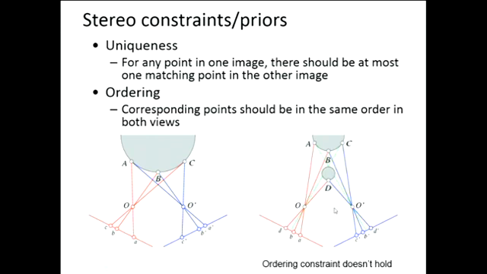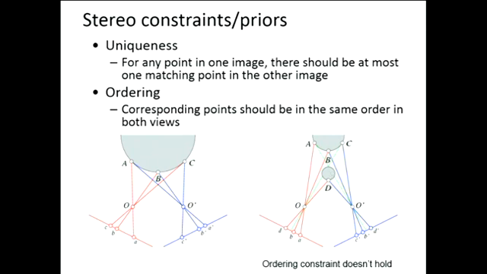So here, for example, I've got A, B, and D, but those are seen, where did my C come from? Oh, it's just blocked from view. So I have A, B, and D, but the points would be observed in a different order in this other image because of the non-convexity of the scene.